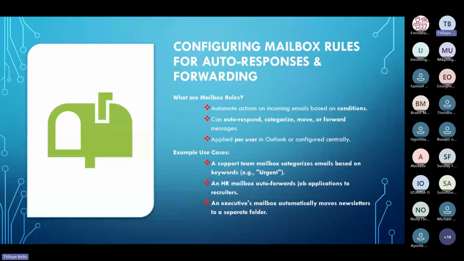To do this, you can use mailbox rules. There are two kinds, called client rule and server rule. Any rule that is created by the admin from Exchange Admin Center is called a server rule because you created it from the backend. And any rule that is created by the user from their Outlook themselves is called a client rule.